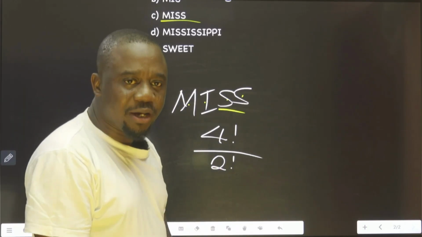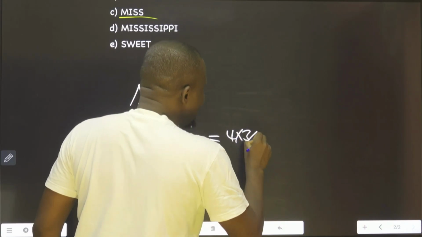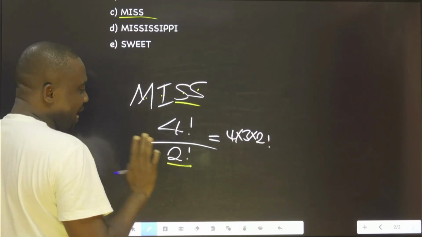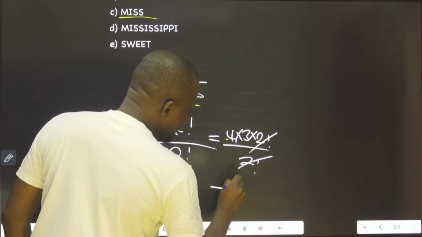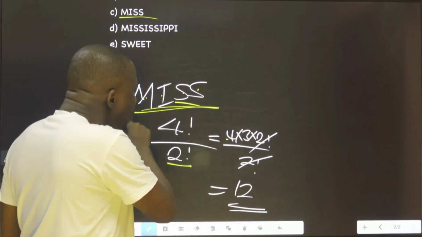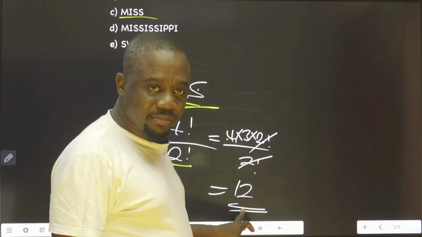Divide by 2 factorial, which is equal to 4 times 3 times 2 factorial. Because I saw this, I stopped. 2 factorial, this and this cancel. This multiplied by this is 12. It means the number of ways you can use this to form different letters is 12 times.